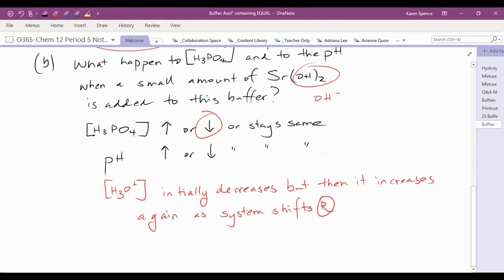Does it get back up to its original level? Anyone else want to weigh in on that? Does the hydrogen concentration get back to its original level? No, just Deborah? Okay, thank you, Deborah.